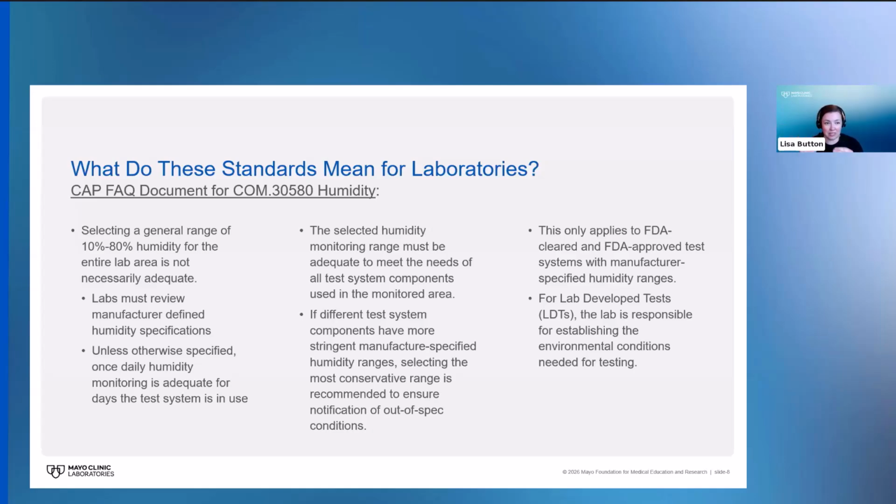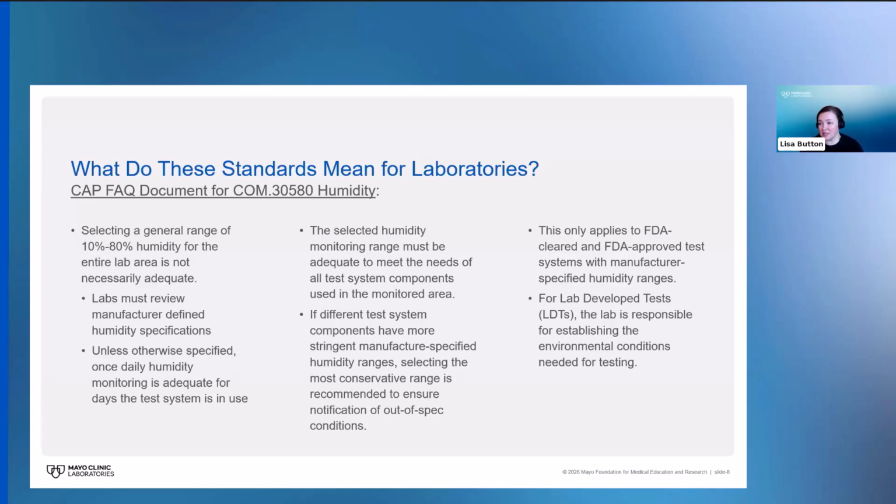You're choosing what the tightest range is, and then if a humidity sensor goes into alarm, then you can make an assessment of which items within this room are impacted by this low reading. Are some of my items still okay? The next bullet there in that center column, if different test system components have more stringent manufacturer specified humidity ranges, selecting the most conservative range is recommended to ensure notification of the out of spec conditions.